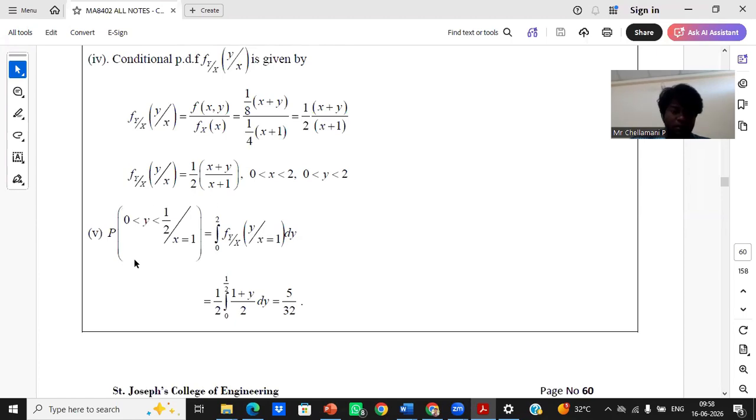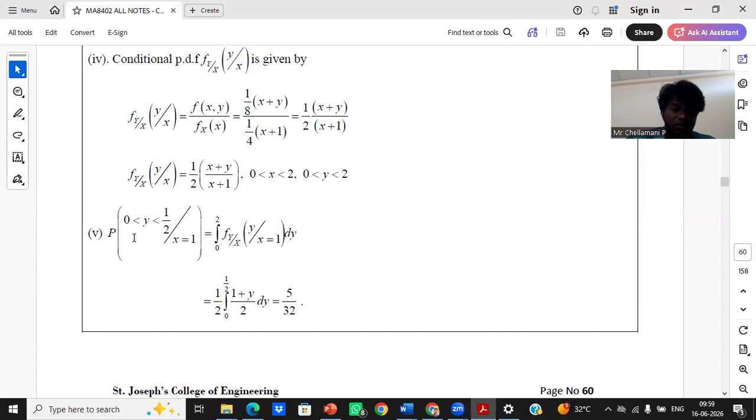So the last subdivision is probability of 0 to 1 by 2 divides x is equal to 1. Here x value is 1. So substituting x values in the above, we find the values of 1 by 2 x plus y by x plus 1, and we will get 1 by y by 2.